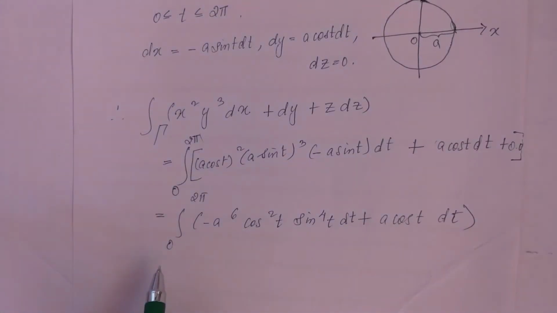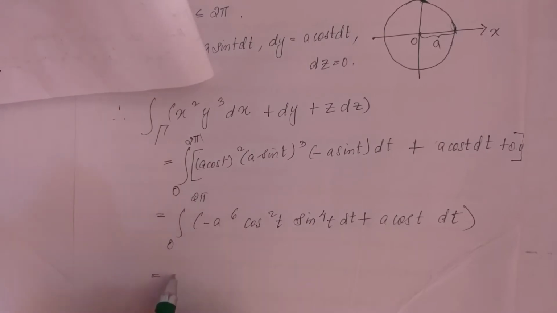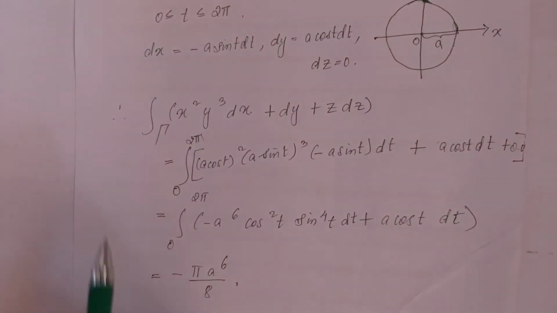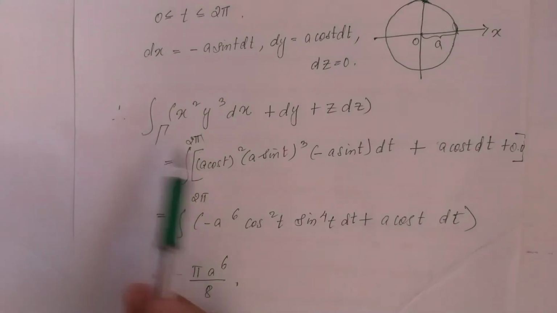I will leave the calculation steps here. You calculate using the reduction formula. Then you will get minus pi a to the power 6 by 8. So we have got the curve integral, which is minus pi a to the power 6 by 8.